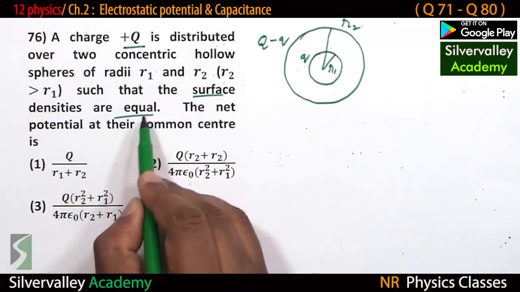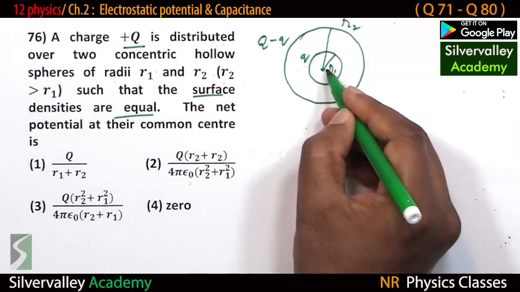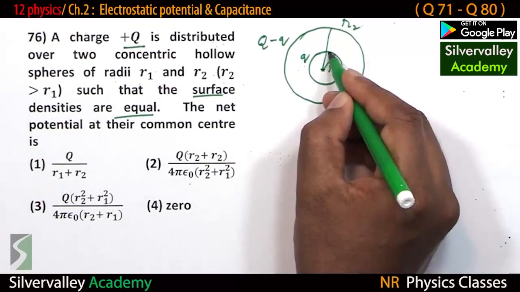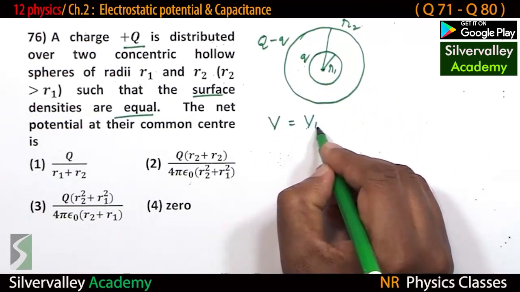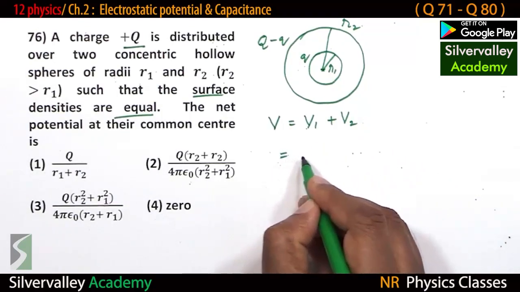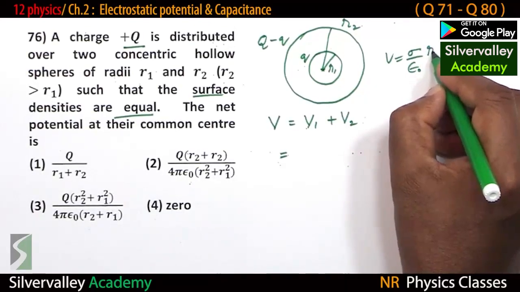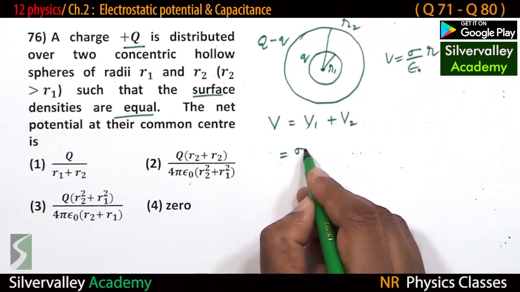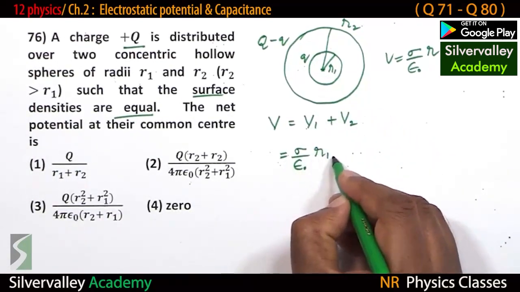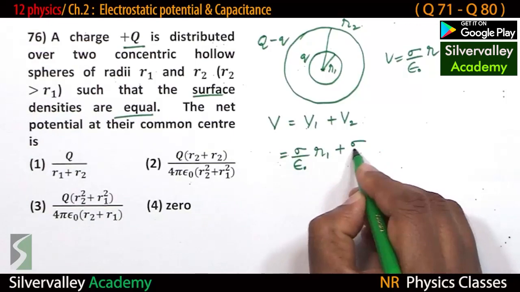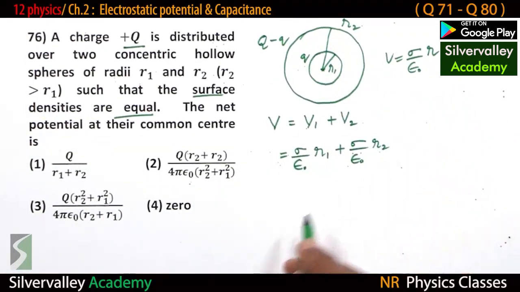Fine. The net potential at the common center, this point at the center of the first sphere, is V1 plus V2. But potential equals sigma by epsilon naught into the radius of the sphere. So sigma by epsilon naught into R1 for the inner, and sigma by epsilon naught into R2 for the outer.